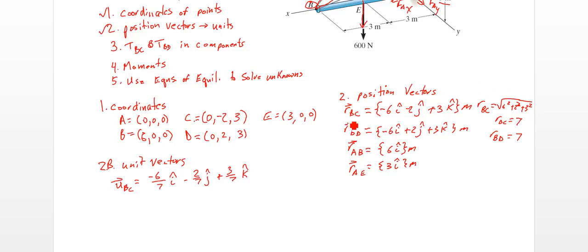I just took this position vector and divided by this magnitude. Similarly, U_BD equals negative 6 sevenths i plus 2 sevenths j plus 3 sevenths k. So we have our unit vectors.